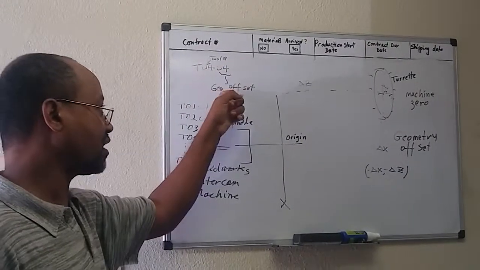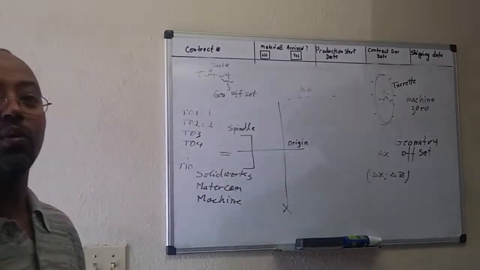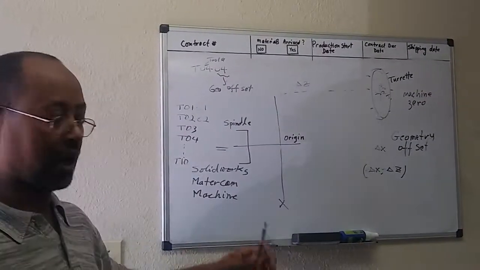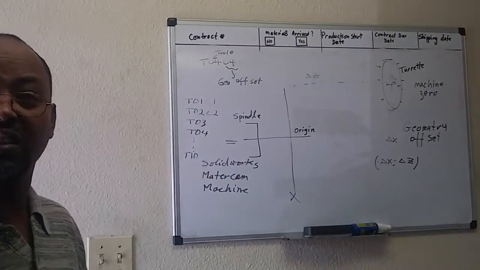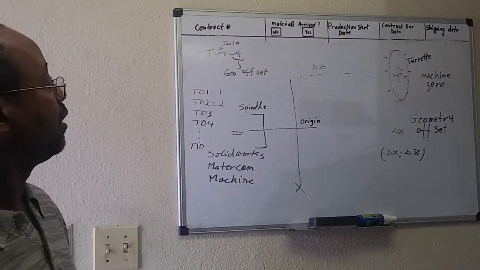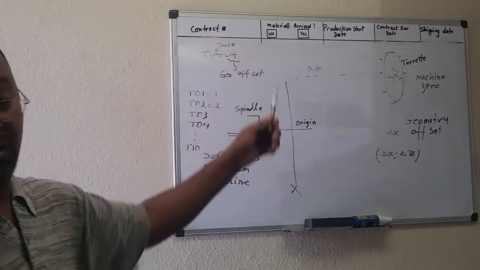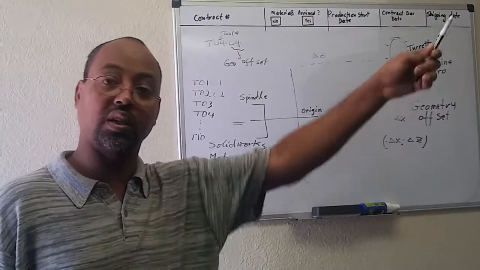The last 2 digits represent the offset geometry. When that tool is coded in the program, it will automatically say, hey, use that offset value. So my question is, can you tell the delta z and the delta x from this designation? No, you can't tell. But the machine knows, because that value is already entered in the screen.